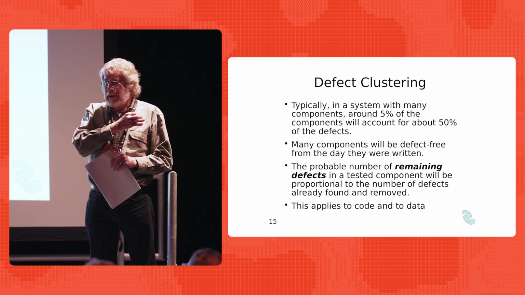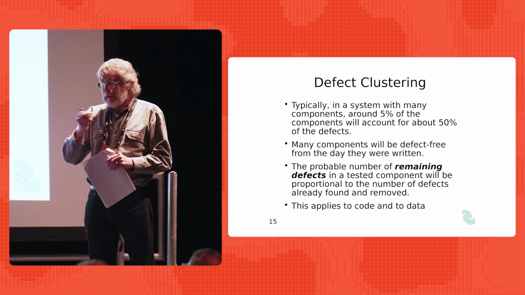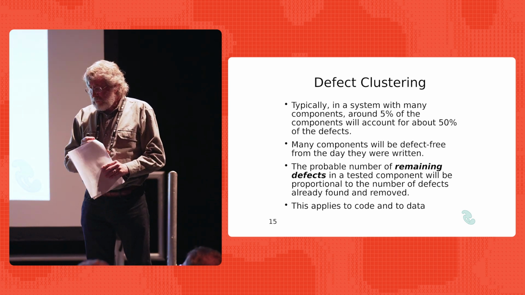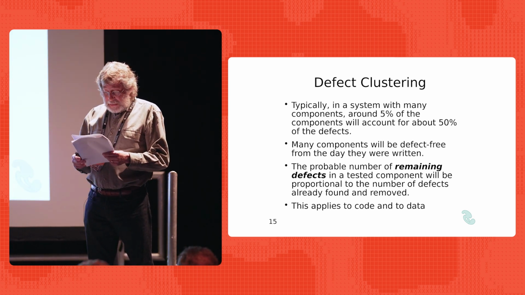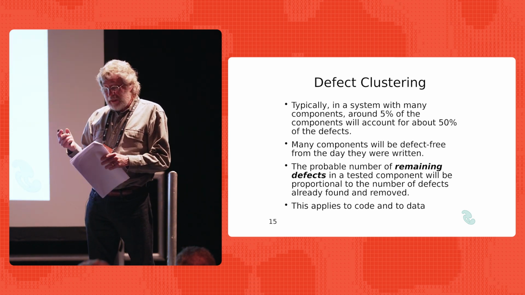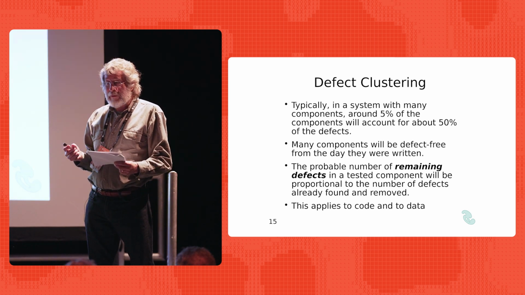That's been measured in systems from way back in the 60s, I think. It's in a book from that era. It's still true. But that does mean that many components are defect-free from the day they were written, which is great.